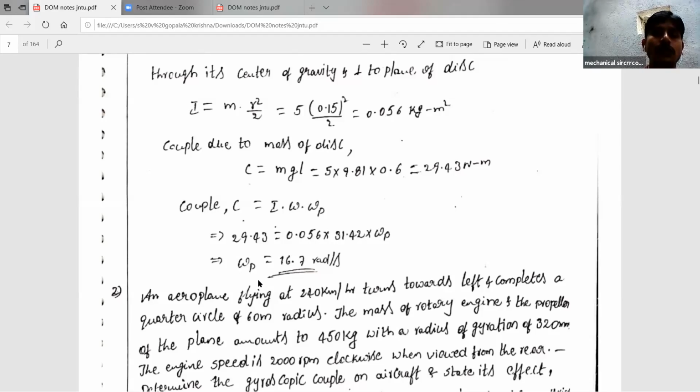Calculating this equation, we get omega p equals 16.7 radian per second. That is our angular velocity of precession. This is one of the problems belonging to the spinning disk and spinning axis.